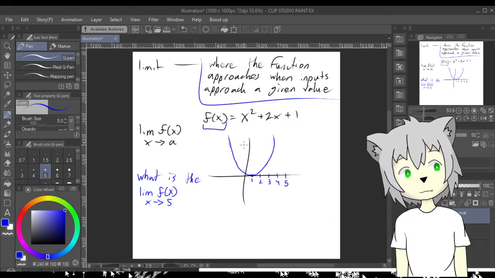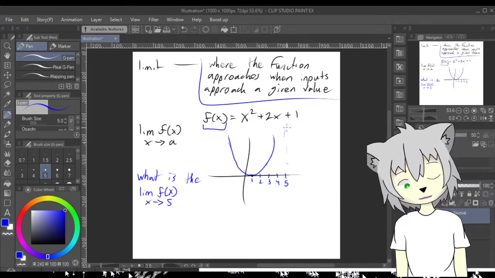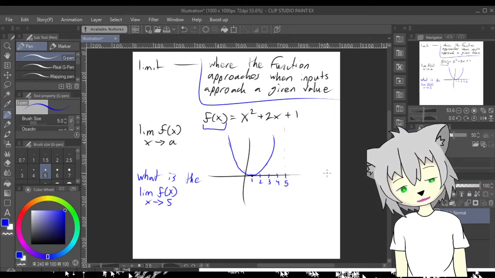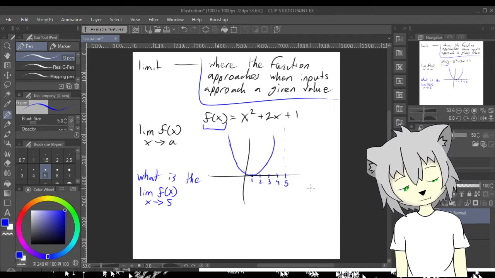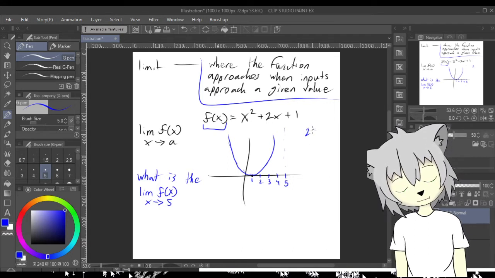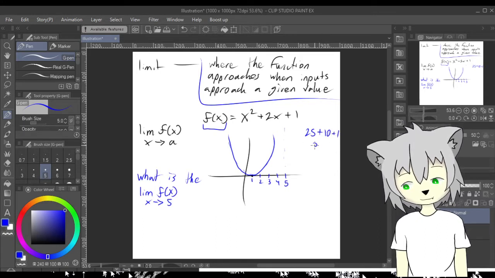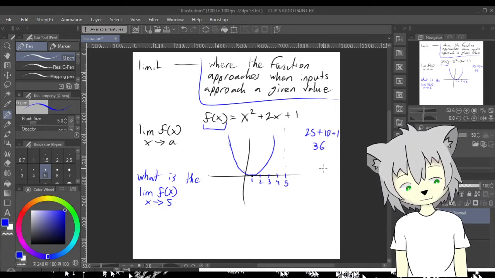Of course, on the graph itself, it sort of just shoots away, but what does f of x equal at 5? Plug that in, you get 25 plus 10 plus 1, so you get 36.